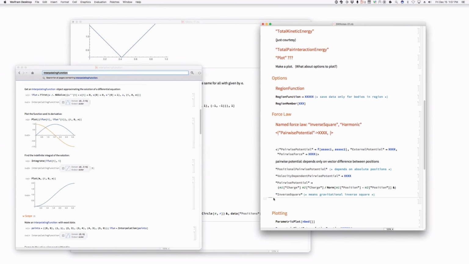And we could have an electric version of that, which expects charges. Am I making sense? Yeah. Should we call it electric inverse square or? Coulomb. Oh yeah, that's right. Coulomb law.